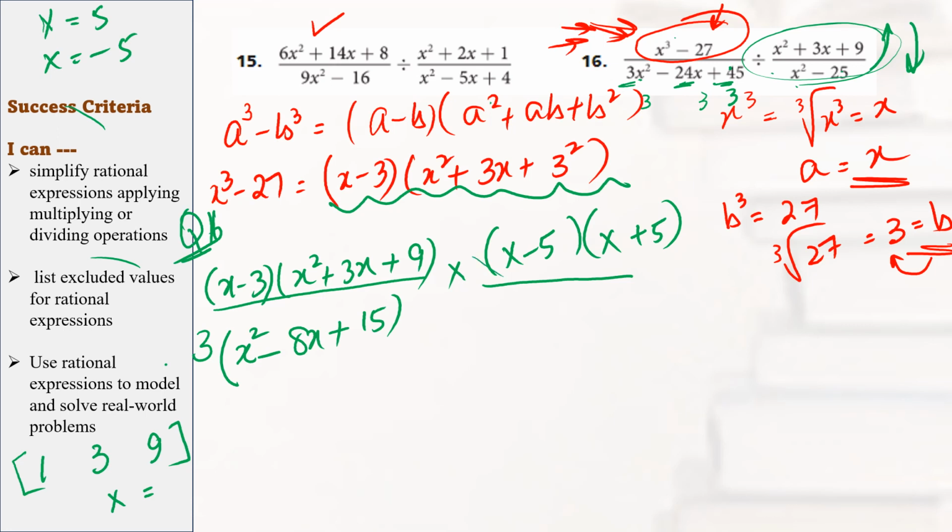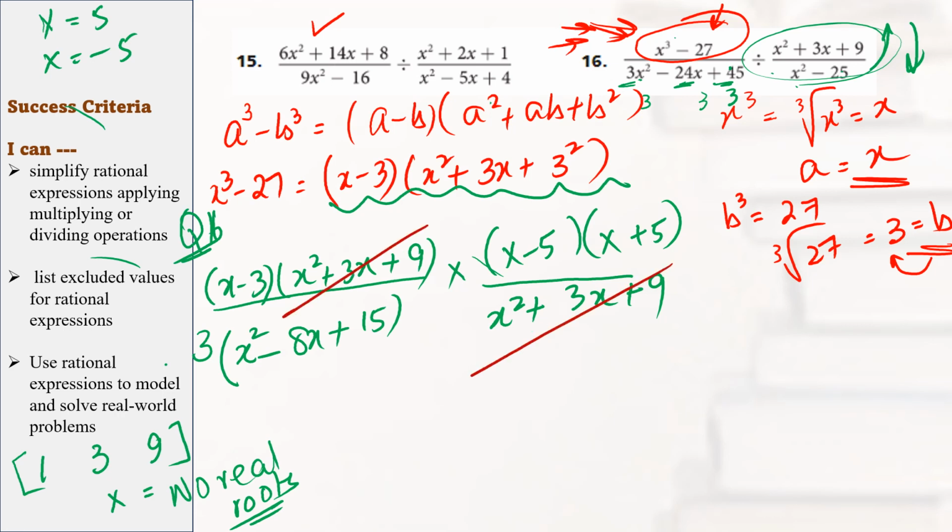I will get no real roots. So if I have this, I will keep my factor as it is, no change. Okay, now solve it. So you see they cancel out.